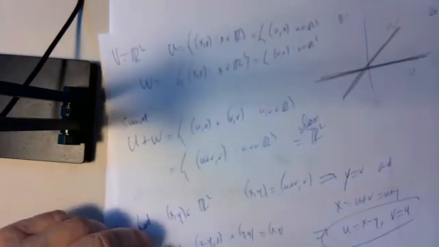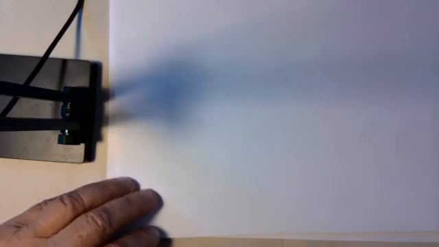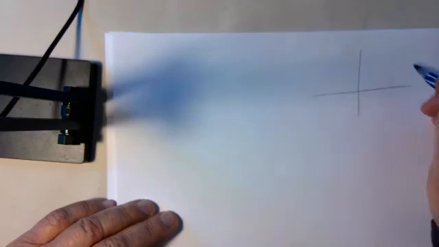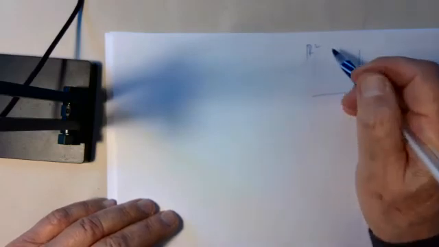What's an example where you have a sum that's not a direct sum? So let's look at the case of that. Let's stick with our R2.